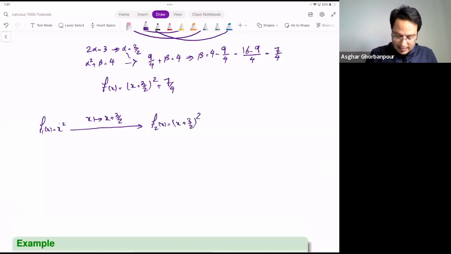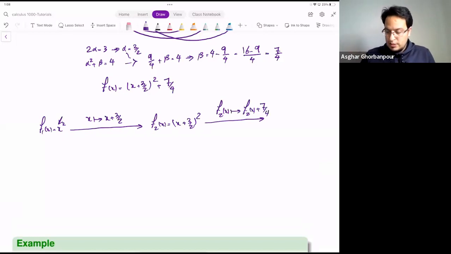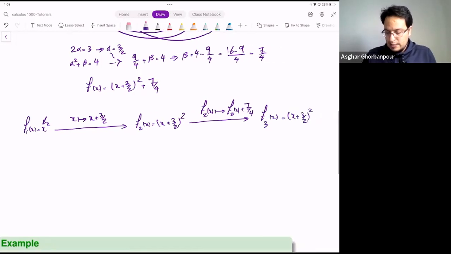I replace this x by x plus 3/2. And then shifting the second function vertically 7/4 units upward, and that will give me the third function, which is basically x plus 3/2 squared plus 7/4.